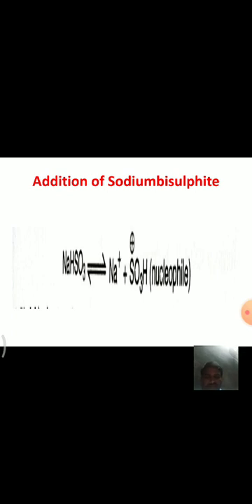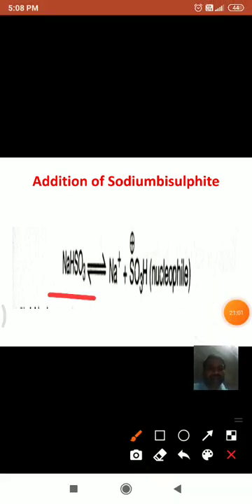Coming to the mechanism of addition of sodium bisulfite, in the first step, the sodium bisulfite ionizes to form bisulfite ion, which acts as a nucleophile.